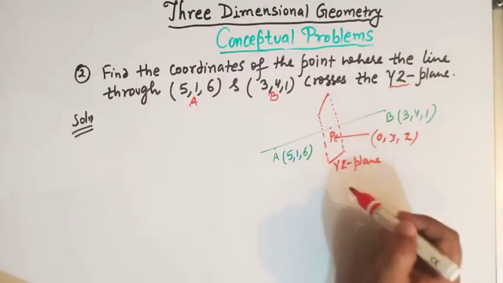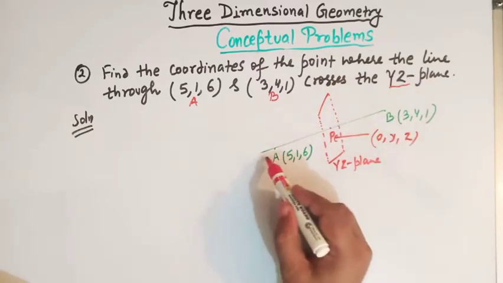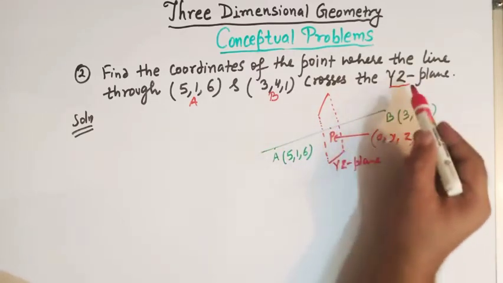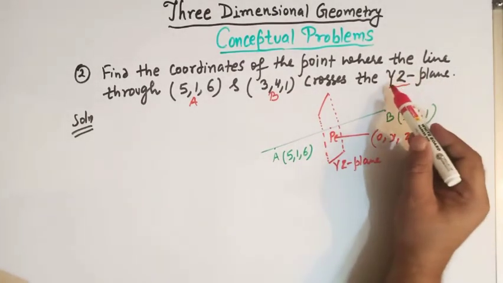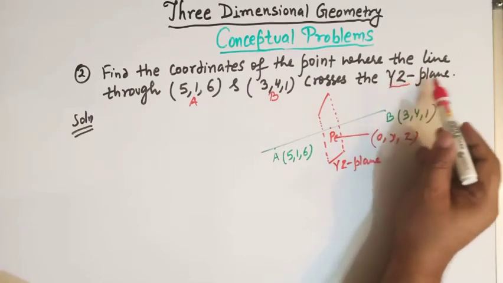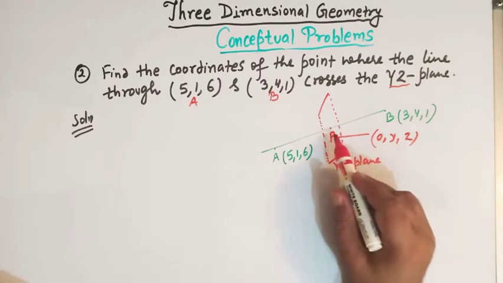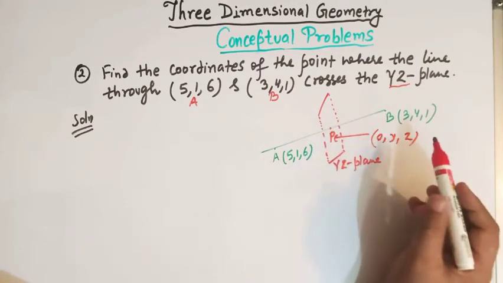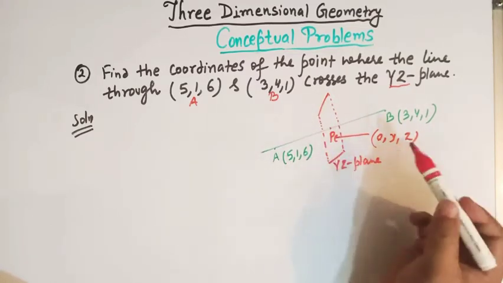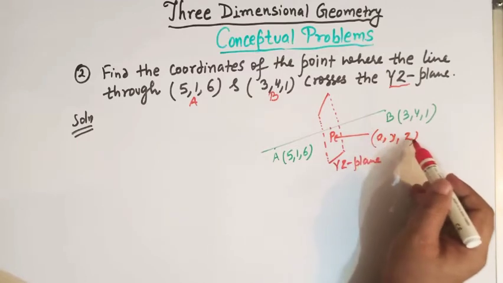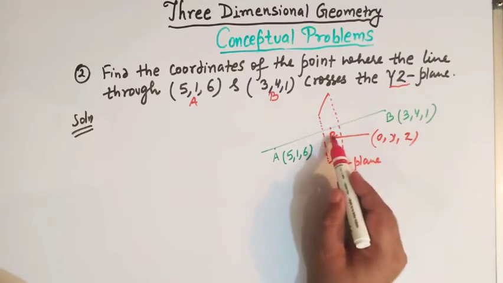Now here this is the YZ plane, and let this line AB cross this YZ plane at this point P. Now we know that any point which lies on YZ plane has its x coordinate 0. So the coordinates of this point P, where this line meets this plane, is 0, y, z, right? Now we have to find the coordinates of this point P.